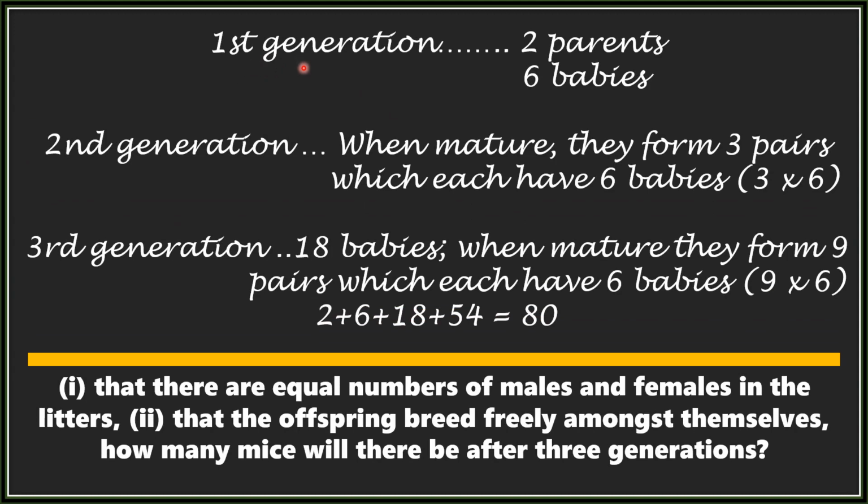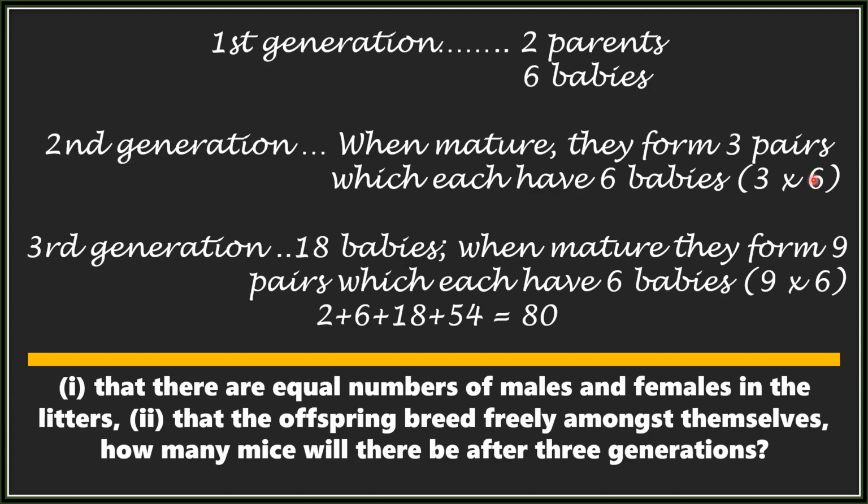In the first generation, we have 2 parents and they produce 6 babies. Those now give us 8 individuals. In the second generation now, when mature, they form 3 pairs. Those are the babies, which each have 6 babies. That is 3 times 6.